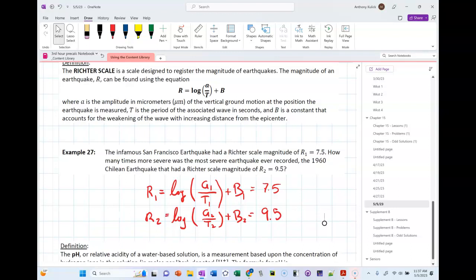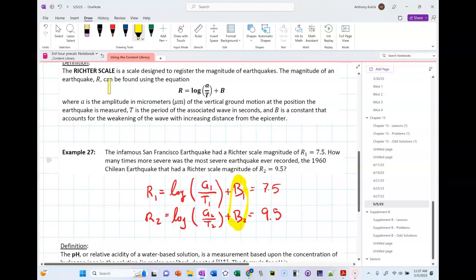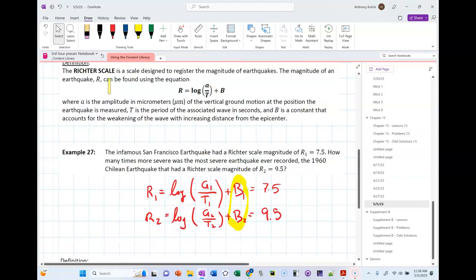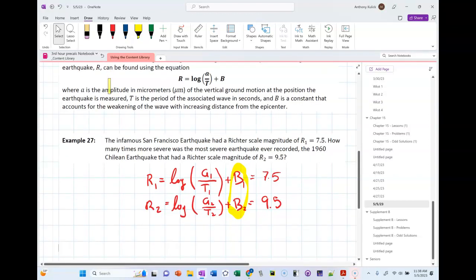So in a sense, the B's can just be zeros, because I've already applied the correction factor, which basically means that 7.5 and 9.5 would be equivalent to measuring them at the epicenter. So those can just go away. Is that okay with you guys? You guys get what I'm saying there?